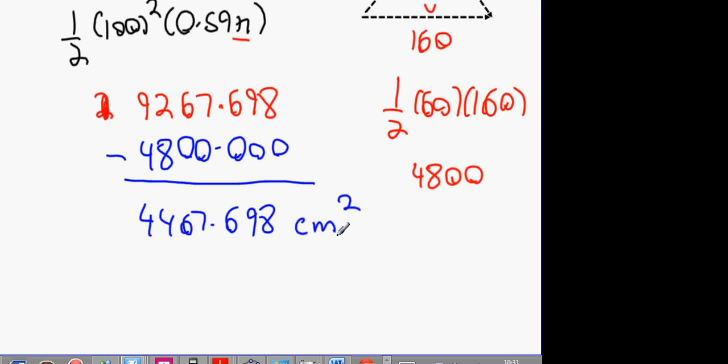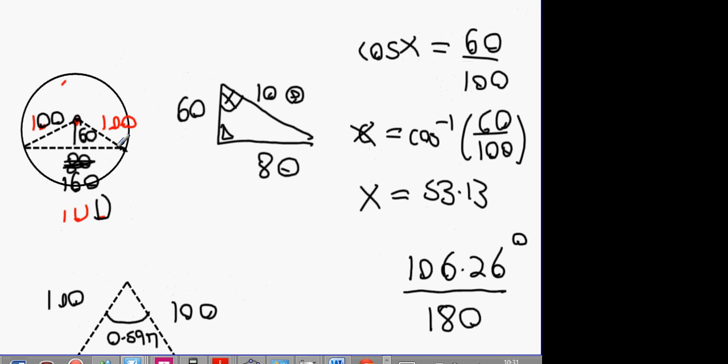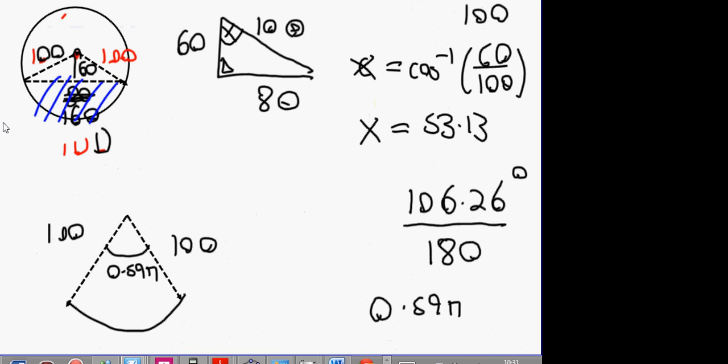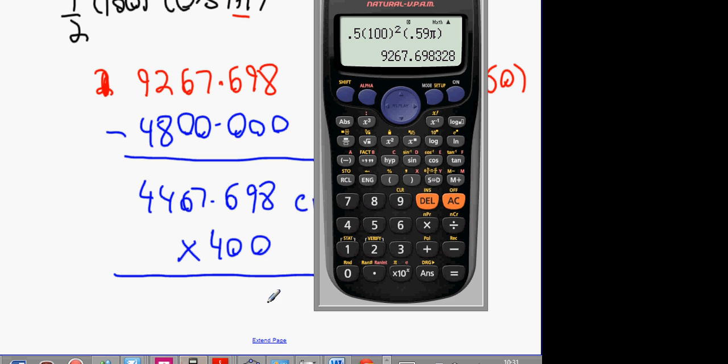Because that is the area of the face. We need to now multiply that by 4 meters, but that means I'm multiplying by 400. So multiply that by 400 and what do we get? 1787079.2.